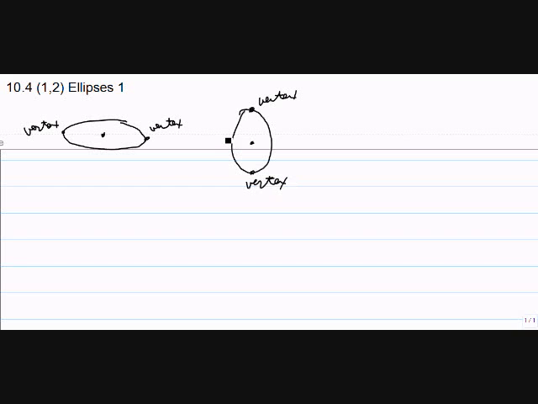And they have on the short sides, perpendicular to the axis that the vertex is on, these things we call co-vertices. So these points here are vertices, and these points on the shorter axis are co-vertices. The center is the center.